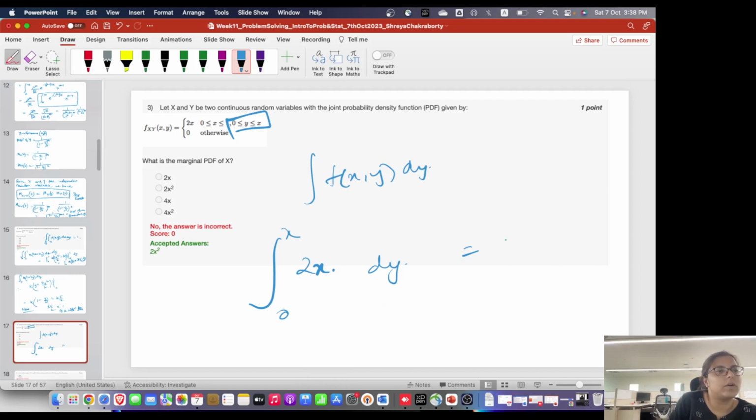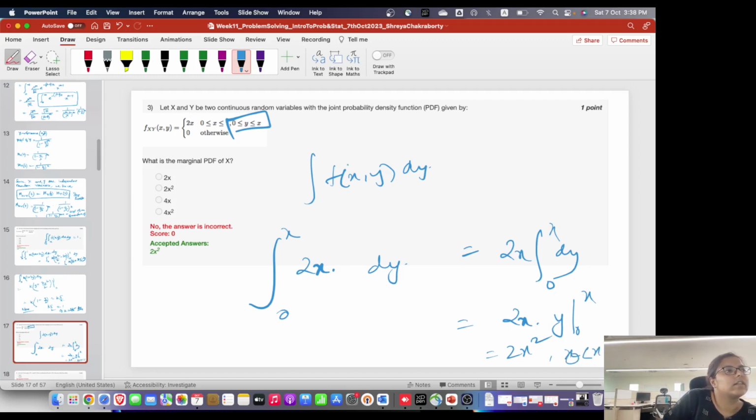So 2x will come out, and we integrate from 0 to x dy. So we have 2xy from 0 to x, which is 2x². And x takes values with 0 less than x less than 1. Then the marginal PDF is f(x) equals 2x² for 0 less than x less than 1 and 0 otherwise. This is the answer.